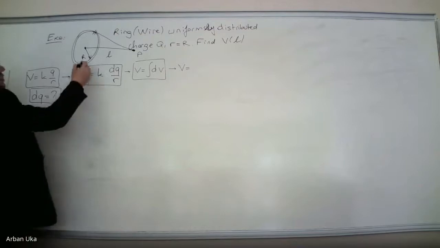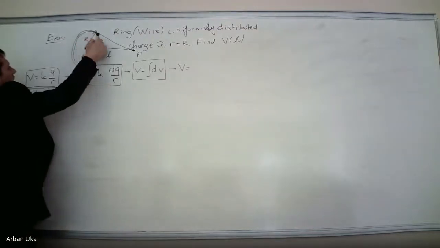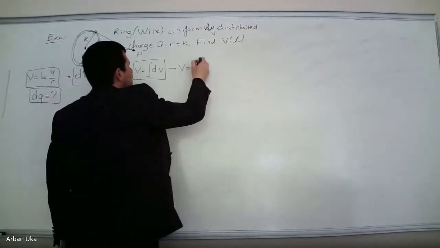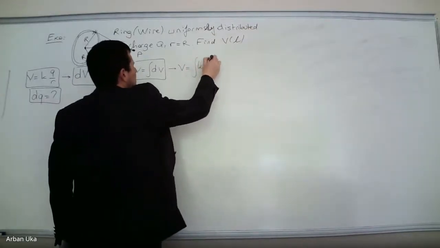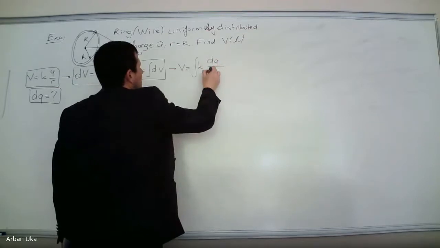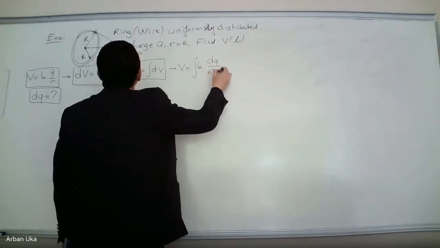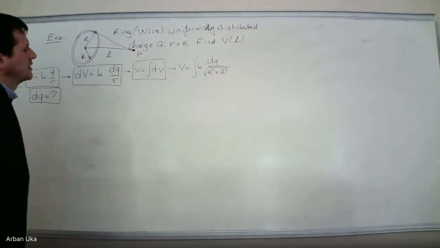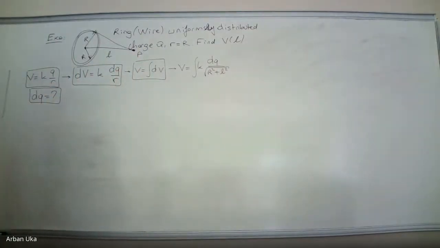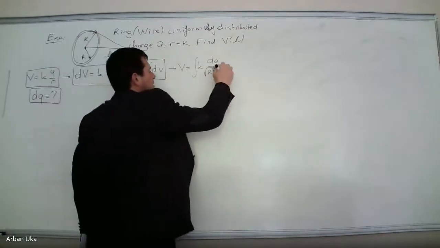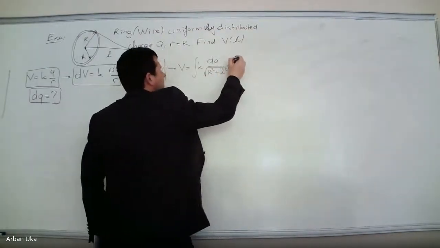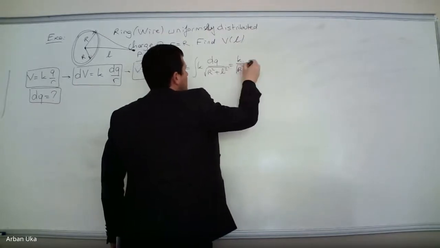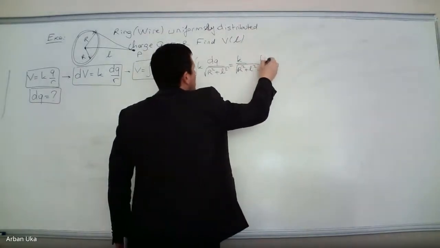So now we know L, we know R, so the potential is equal to the integral of K dQ over R. This distance can be expressed as the square root of R squared plus L squared. Okay, and now in this expression, R and L are constants, so we can take them out of the integral. We get K over the square root of R squared plus L squared times the integral of dQ.